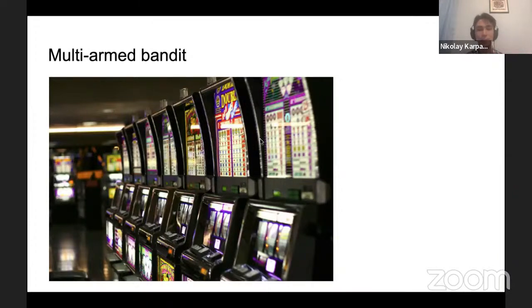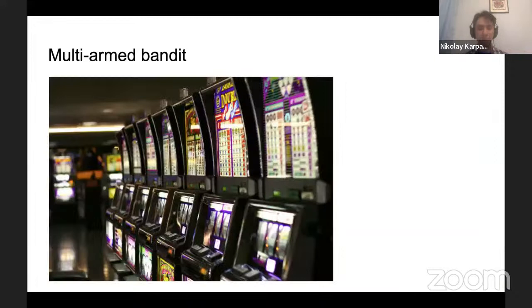And they contain arms, because the arms are actually the actions that you as a user can take in these bandits. Depending on the structure of the slot machine, you can pull either one arm or another. So there is a complete set of different arms which you can pull. And depending on chance and the arm that you have selected, you can get the prize or not.